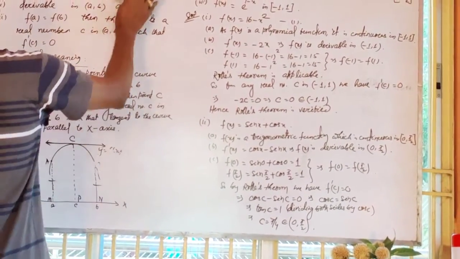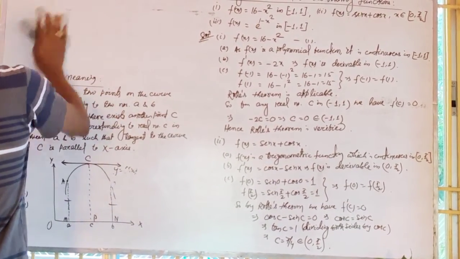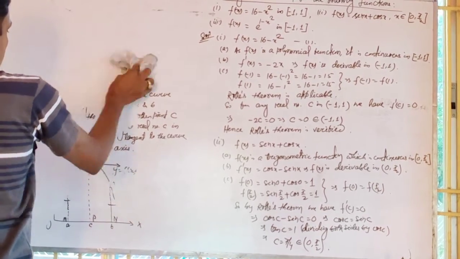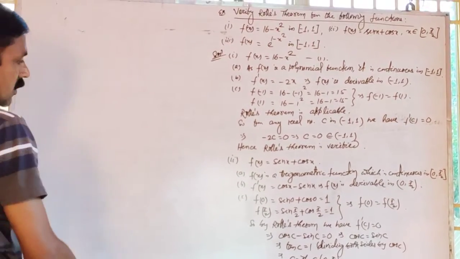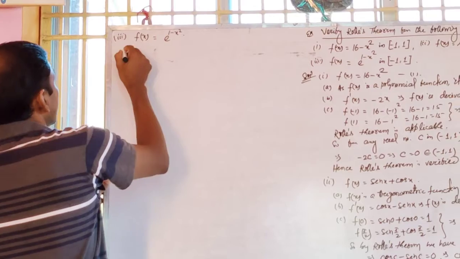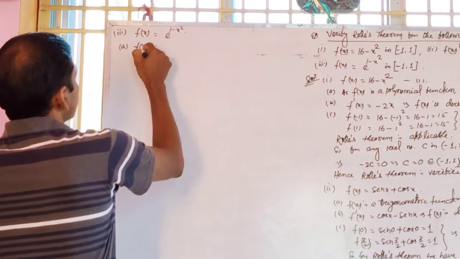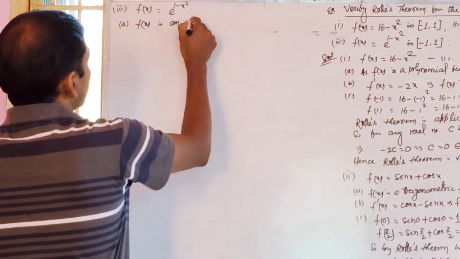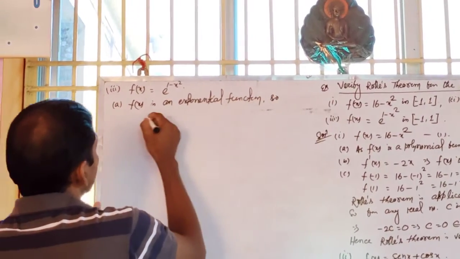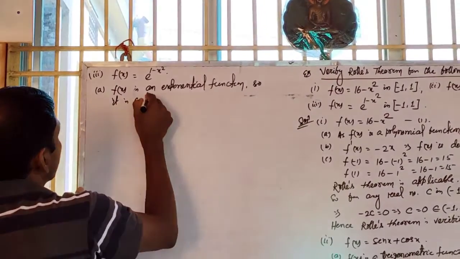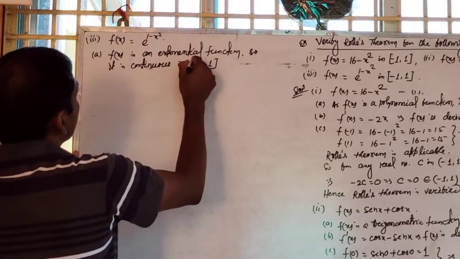Now the last one is f of x equal to e to the power 1 minus x square, where x belongs to the interval minus 1 to 1. Now f of x is again an exponential function, so it is continuous in the closed interval minus 1 to 1.